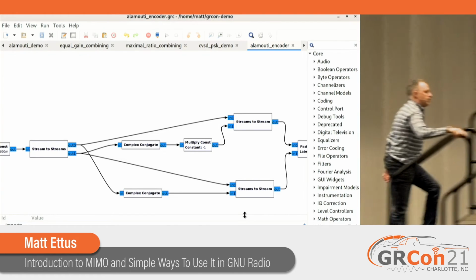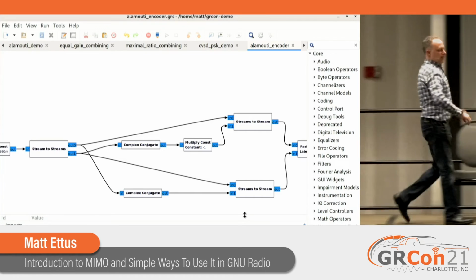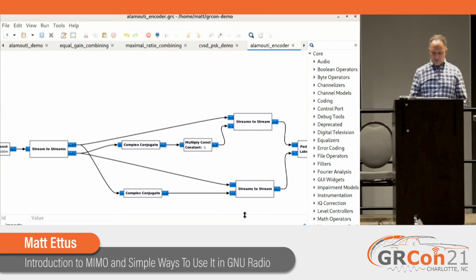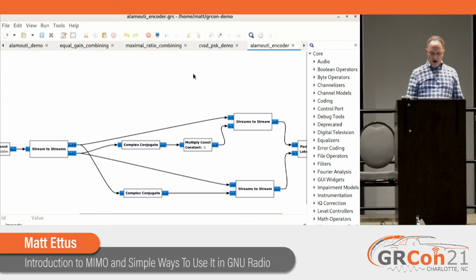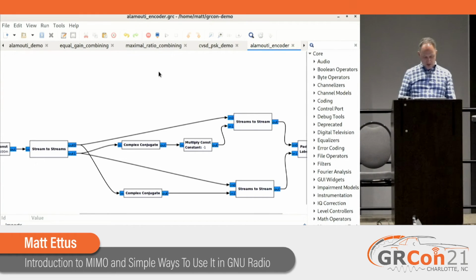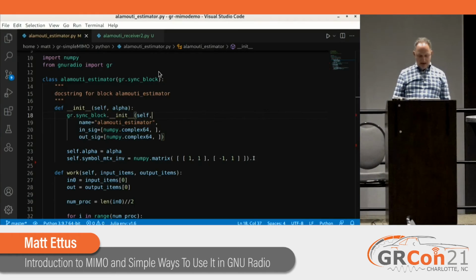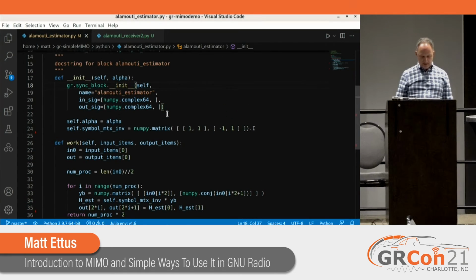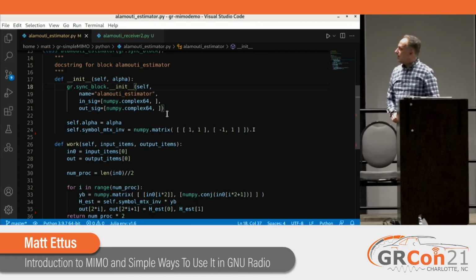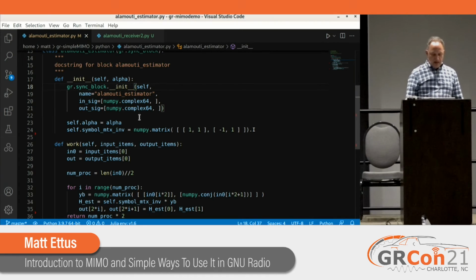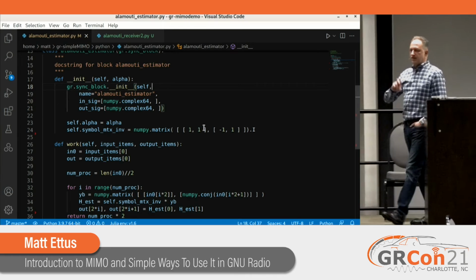That was easy to do in GNU Radio using hierarchical blocks. The receive is more complicated, and I just went to math in Python for that. First we have to estimate the channel. This is just a Python block. In the constructor, we have this matrix that is the known symbol we send in the pilot.